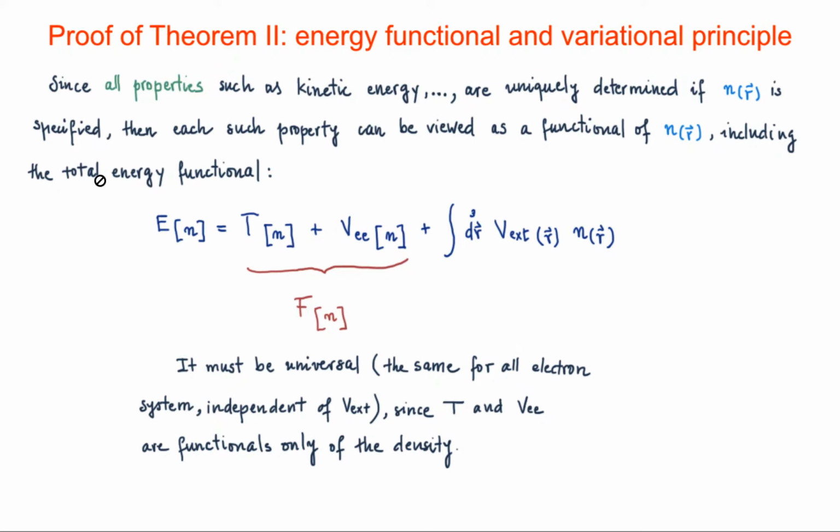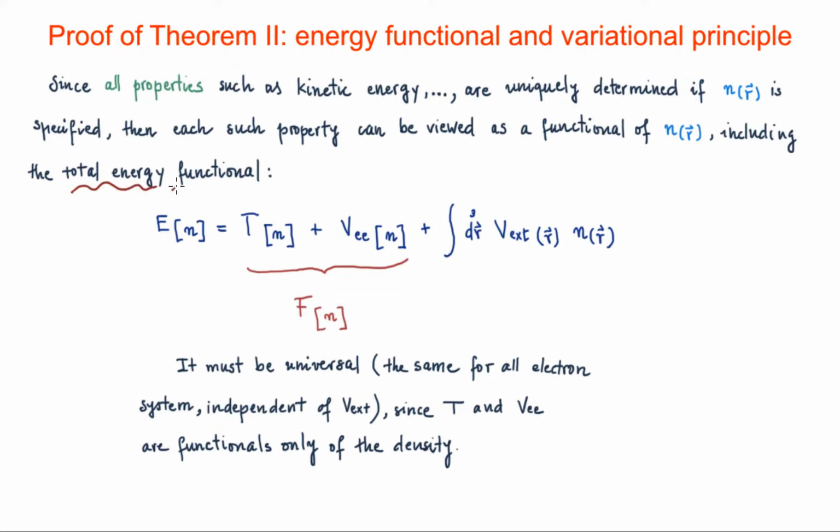Considering the first theorem, we just proved that all the properties of the system, such as the kinetic energy, potential energy, everything, are uniquely determined if the electronic density is specified. Therefore, each such property can be viewed as a functional of the electronic density, of course including the total energy.